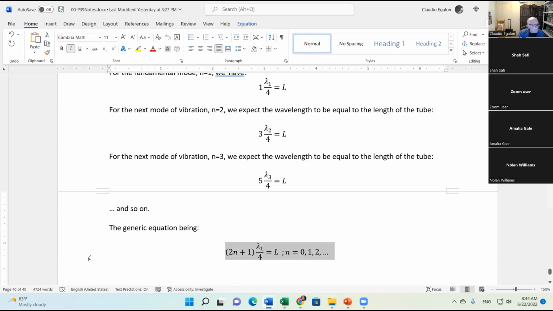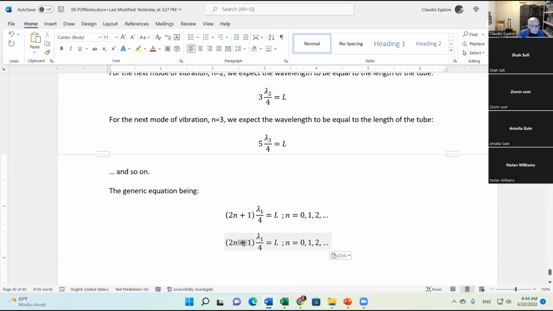If you do 2n minus 1, then the first n should be 1. The fundamental mode should be 1, okay? Either equation works and gives you the same result.